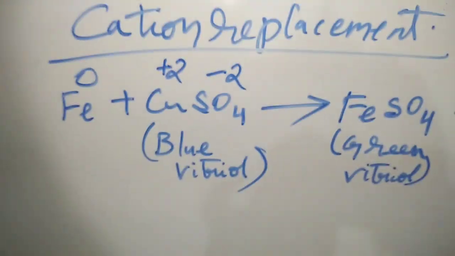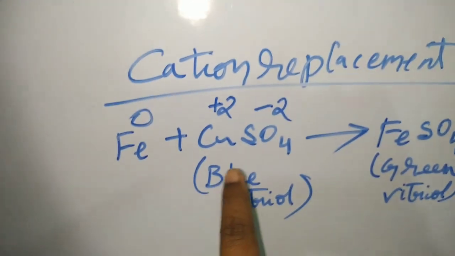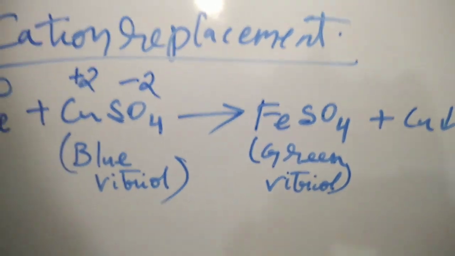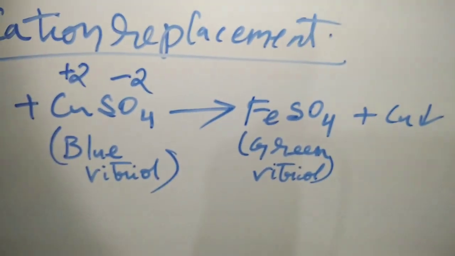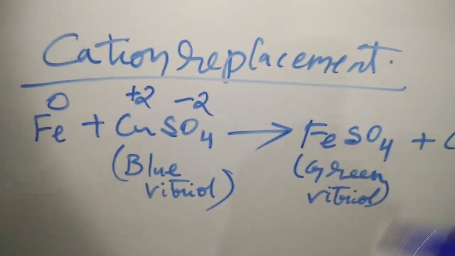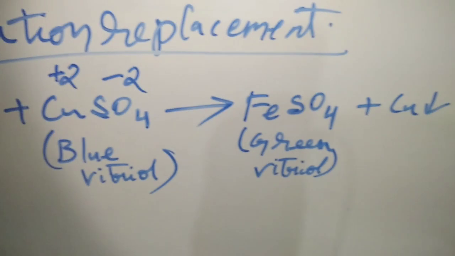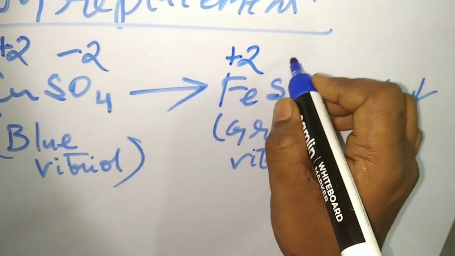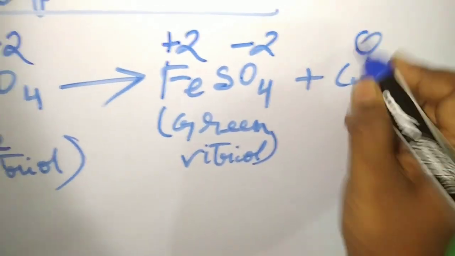But after iron reacts with copper sulfate, it forms FeSO4. Yes, right, students. But here the change is, as I told you, cation replacement only is taking place. Fe is forming +2, sulfate is the same -2, and copper is becoming 0.